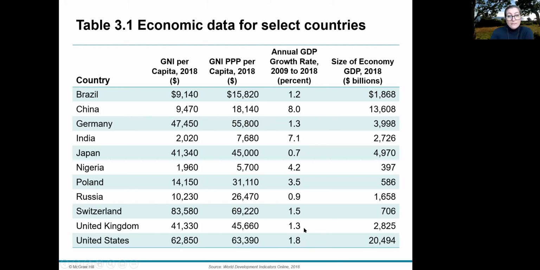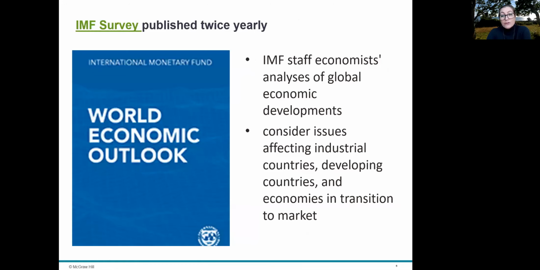Okay, so it's interesting to look at data from across the world to compare different countries and how they're performing economically and in terms of development of the economy. You can turn to the International Monetary Fund Survey, which is published twice a year.